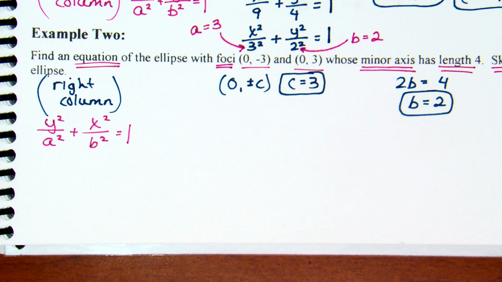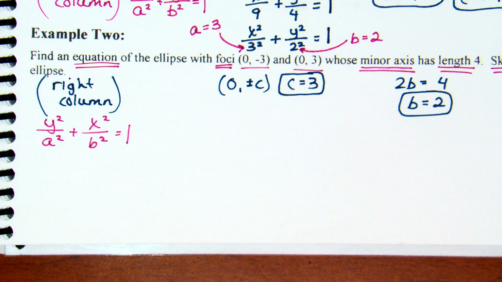So to write our equation, we have to know A and B. We have B and C. I need B and A. How do I get A? The Pythagorean relationship.